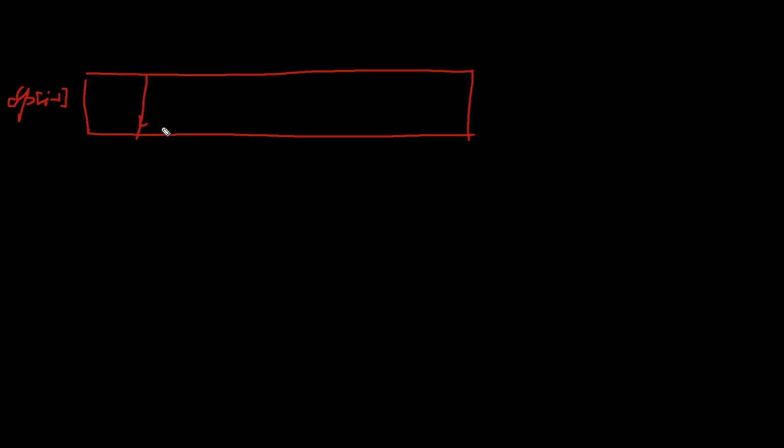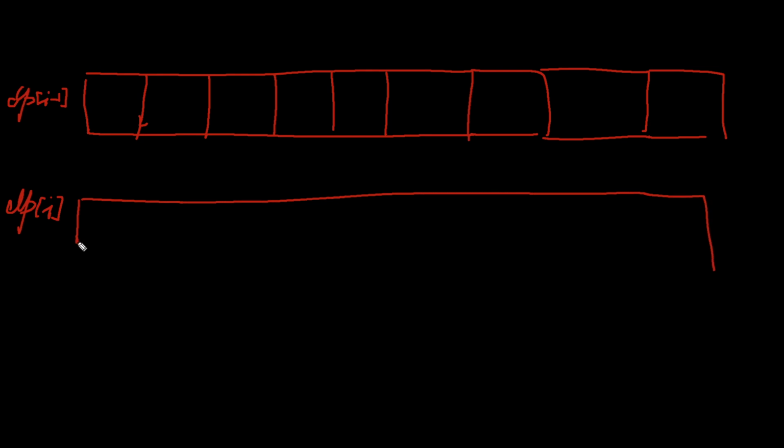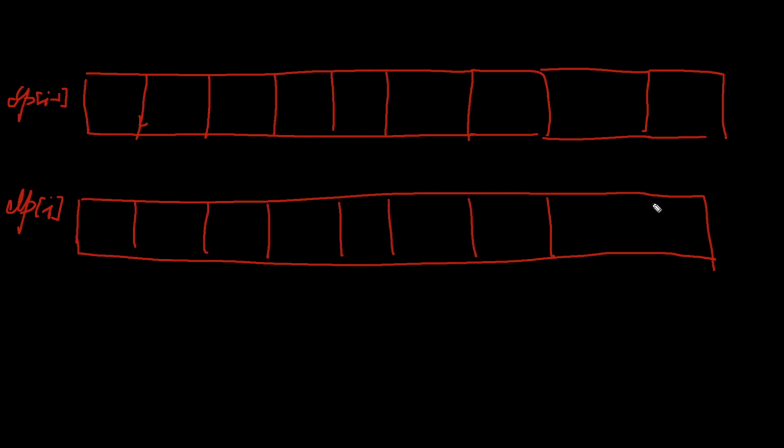I will just draw a few. And this is DP i, right? They have the same column, right? So let's say this is the cell we're trying to get. Okay, so this is the j, right? And from the left, okay, so let's only consider the left side.